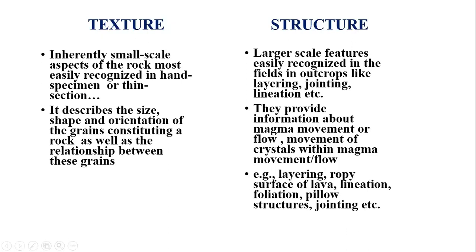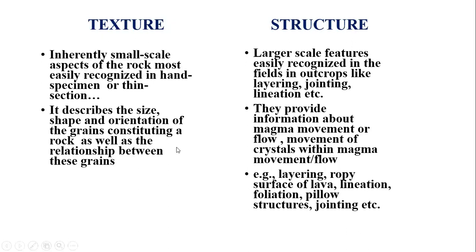Texture describes the size, shape, and spatial arrangement of the grains constituting a rock, as well as the relationship between the grains. Textures tell us about the individual grain size, their shapes, their arrangement, as well as their interrelationship.